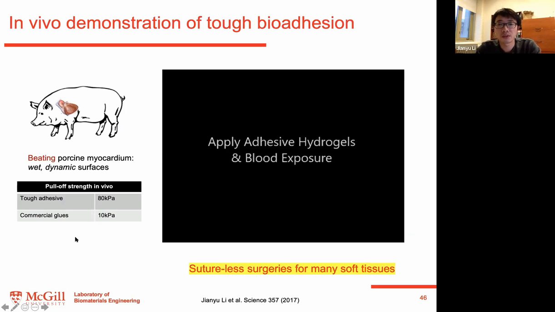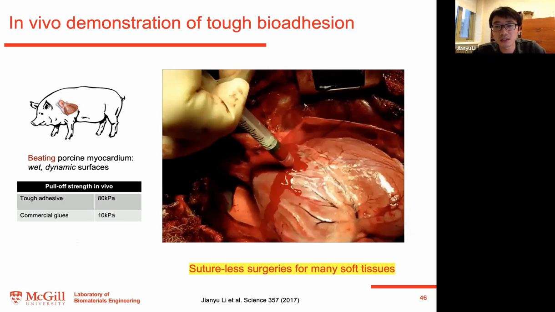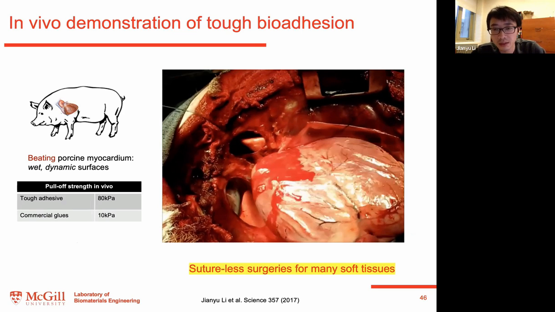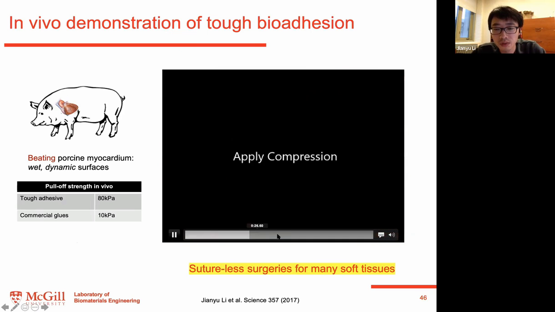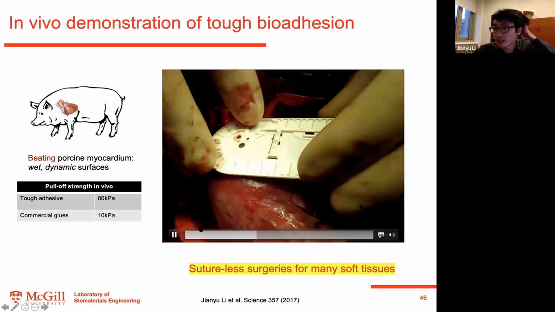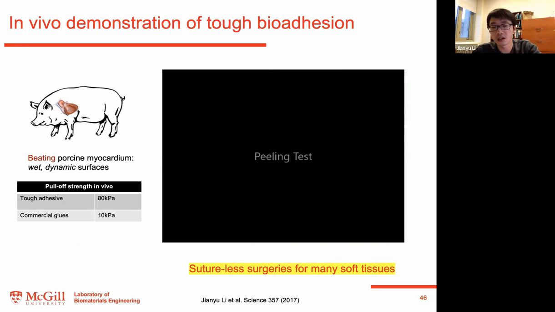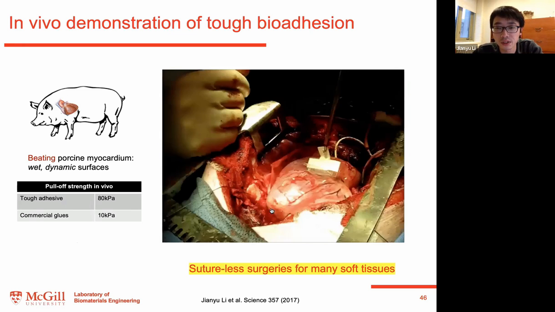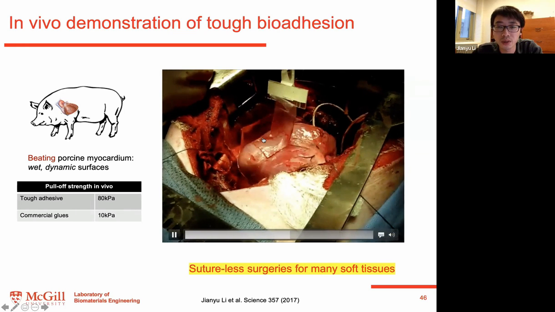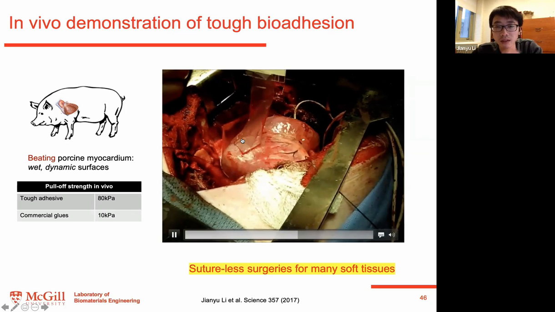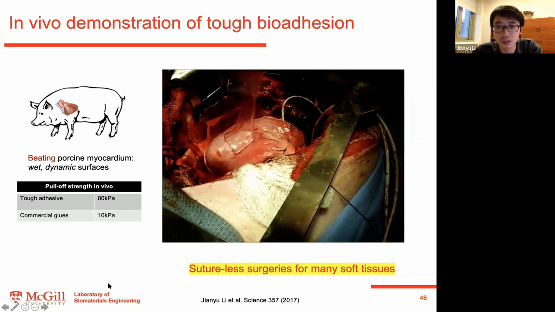As a brief proof of concept, we use this beating heart model to show that on a blood-exposed surface, we can apply our tough adhesive, and within 1 or 2 minutes it can form a strong and tough adhesion on this beating heart surface. Let's look at a video: in this region we receive the compression, so we form the adhesion, and it sustains the large deformation and peeling stress.